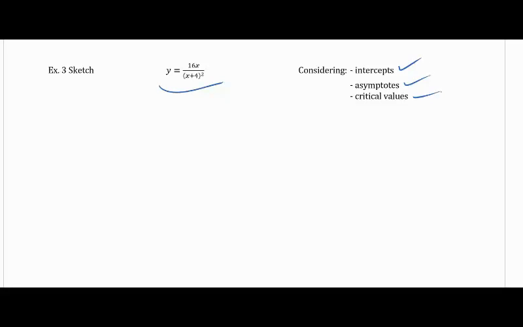Right? It'll tell you what you have to consider, but it will usually be everything that we can do. We didn't look at intercepts, but we kind of know how to do that. Asymptotes, we just reviewed from MHF. And critical values is what we've been doing. So we're just putting together what we've been doing over the last few days. Okay? Yes?